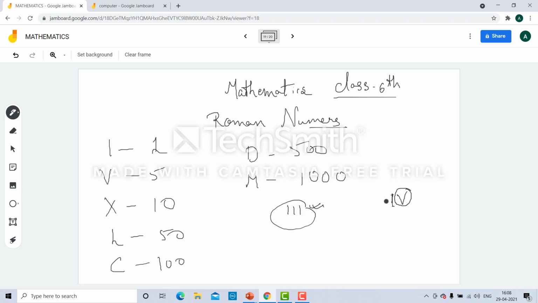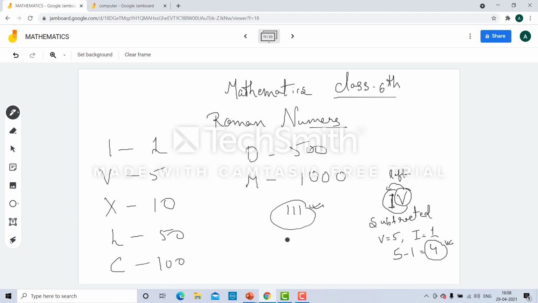Here also we have a rule that whenever a smaller number is written to the left side of a bigger number, it is getting subtracted from the bigger number. This means V is 5, I is 1, so 5 minus 1 equals 4.